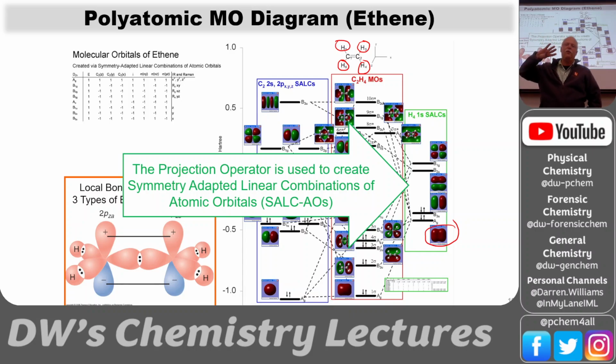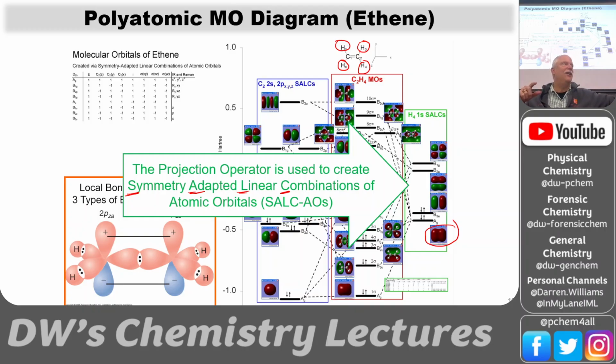So those are our four, what they call, listen carefully, symmetry adapted linear combinations of atomic orbitals. That's right here in the green arrow. Symmetry adapted linear combinations. The linear combinations are 1s on H1 plus 1s on H2 plus 1s on H3 plus 1s on H4.